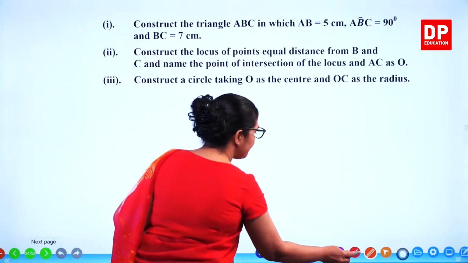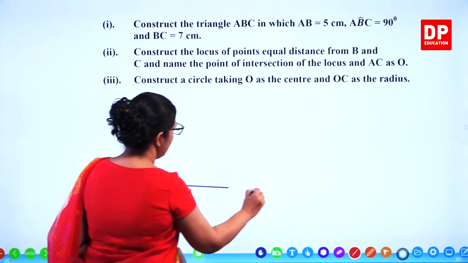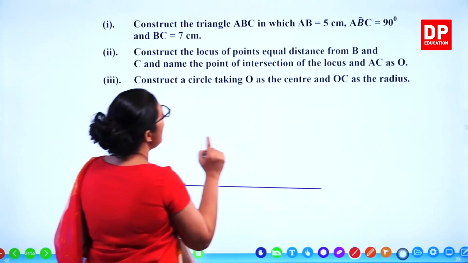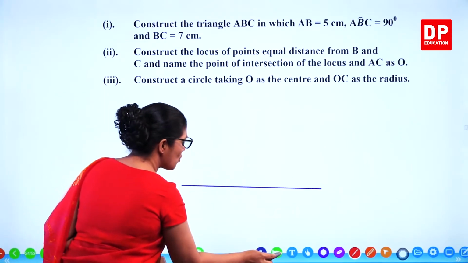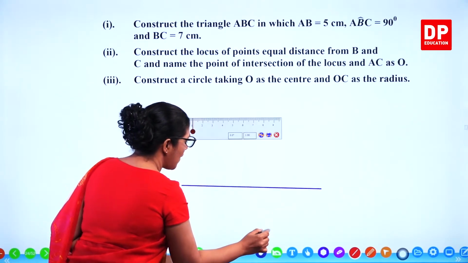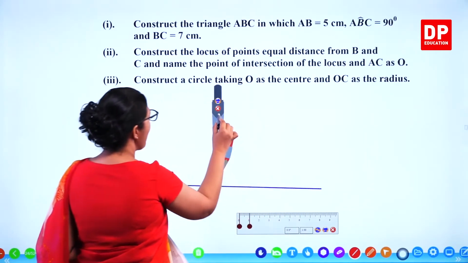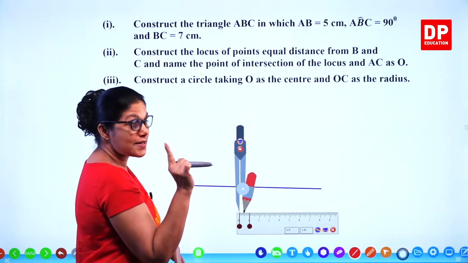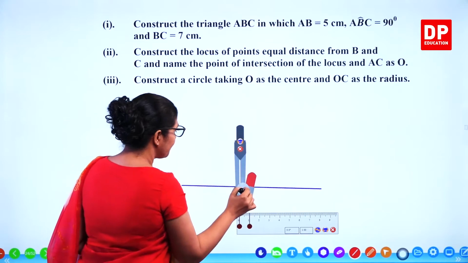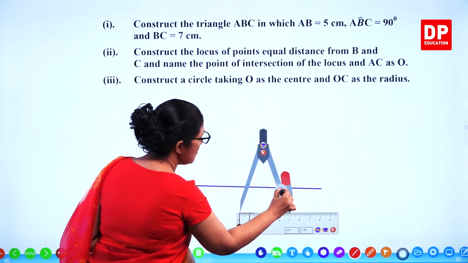So we can first draw the line, any line segment, and AB equals 5 centimeters. So you can take 5 centimeter length using the compass, not the protractor.